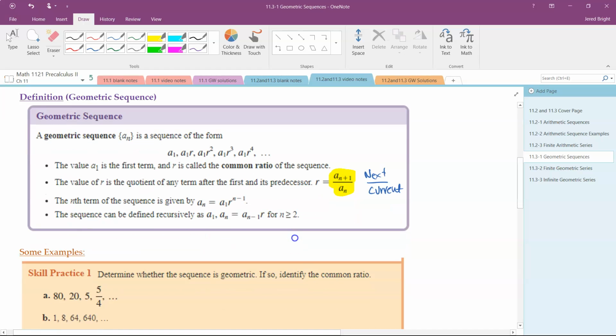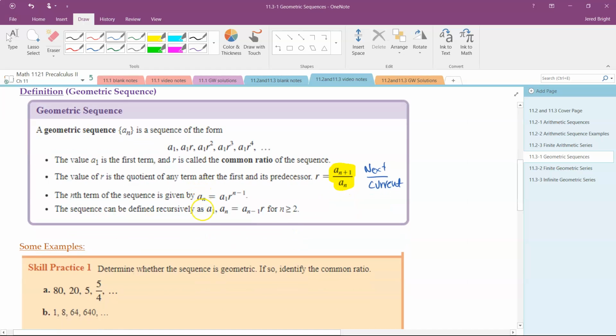So if we have a common ratio, then we can express the sequence either in non-recursive form or recursive form. If we have it in non-recursive form, all we have to do to generate the nth term is take the first term and multiply by the common ratio n minus 1 times.